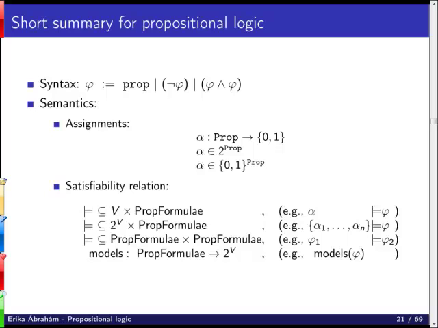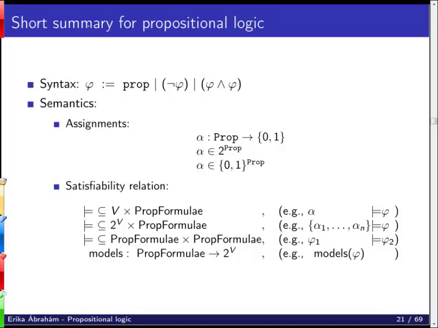For the semantics, we looked at different semantics, but what we keep in the conclusion is that the basis of the semantics are assignments. You can see them as functions, assigning to each proposition a Boolean value. You can see them also as sets of propositions or as bit vectors. Usually we do the function view. Then for the satisfaction relation, we have seen the three different semantics.